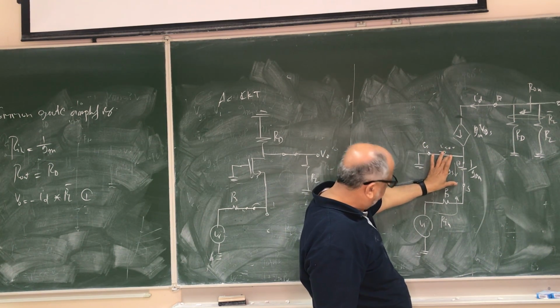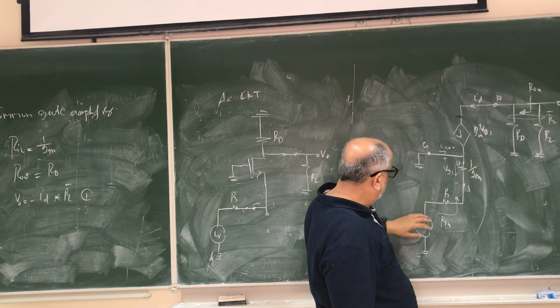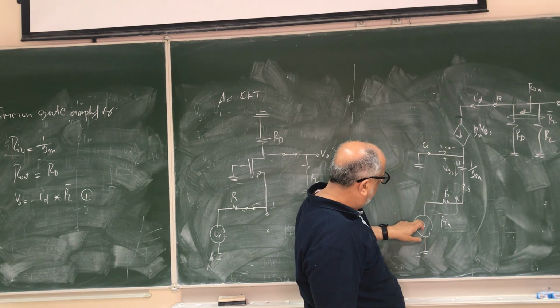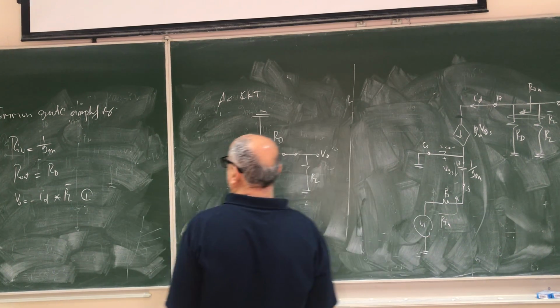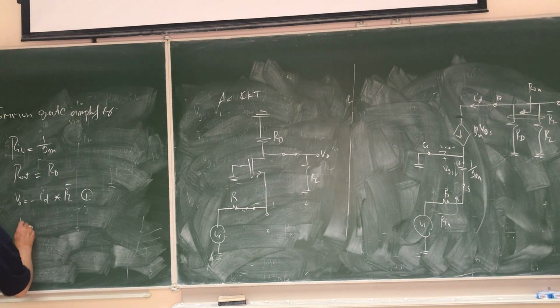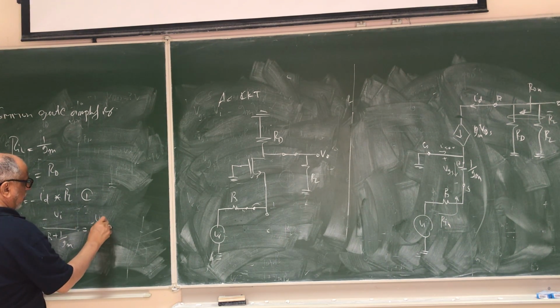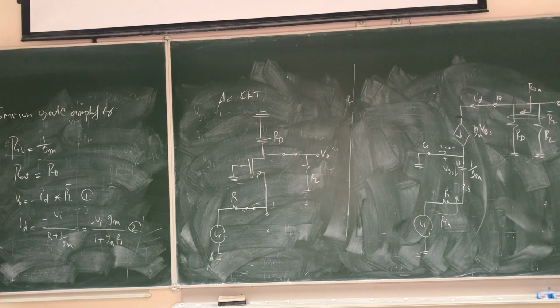I can find ID using just Ohm's law, V over R, because these two resistors to ground are in series with the source. So ID is equal to minus VI divided by RS plus 1 over Gm, which, taking Gm as a common factor, is VI Gm divided by 1 plus Gm RS. And that's equation number 2.